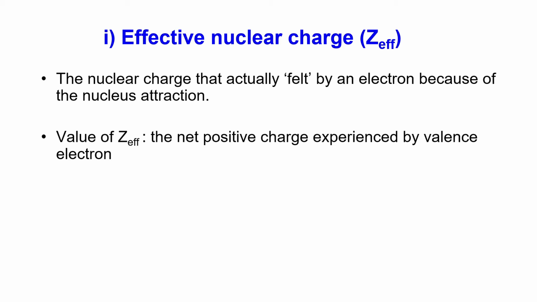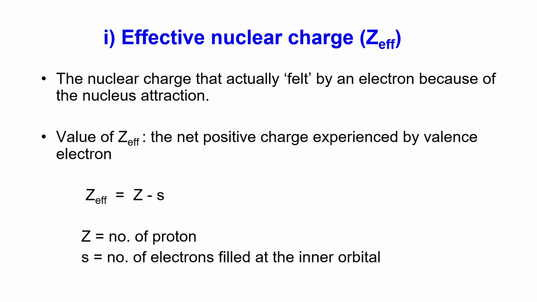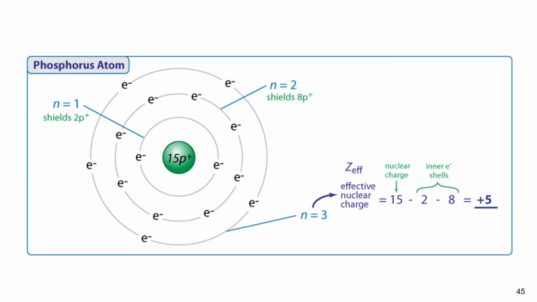ZEFF is given by Z minus S, where Z is the proton number and S is the number of electrons in the inner shell. We will see the example later for the calculation.